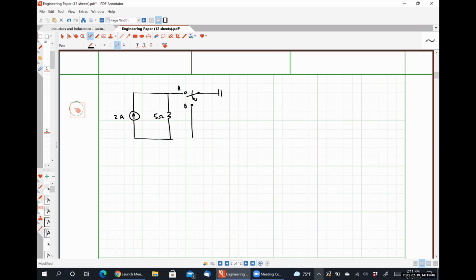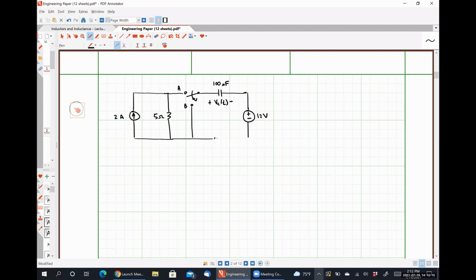Let's call it 100 microfarads. And I'm going to define my capacitor voltage VC as a function of time like so. Now I'm going to have a DC voltage source. Let's call this guy 12 volts.